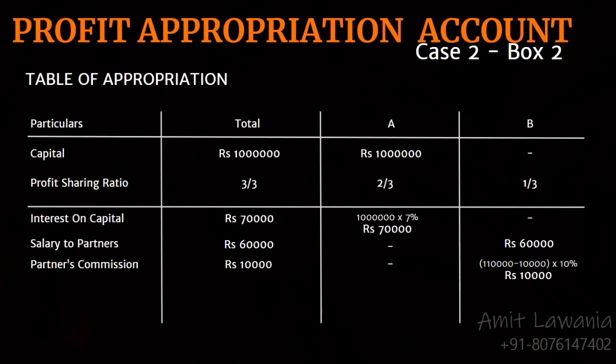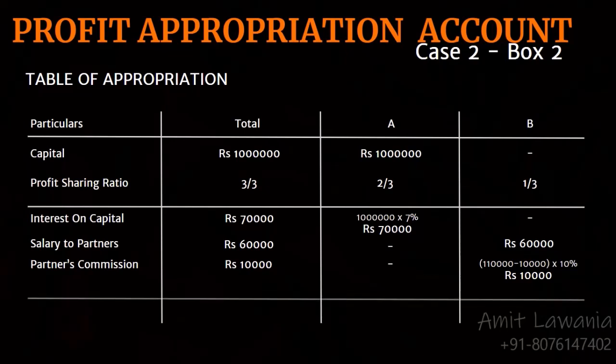So we take the profit after deducting the rent payable to partner, which is rupees 1 lakh, and provide for a commission of rupees 10,000, that is at 10% per annum to B. Again, we put the same amount in the total also.